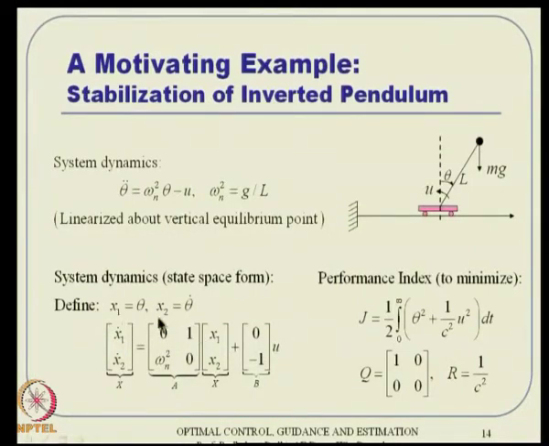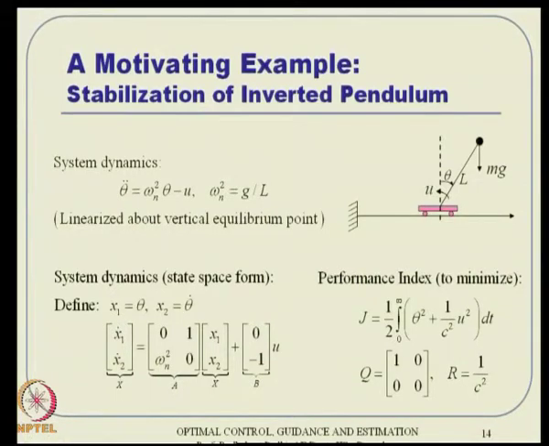So x1 dot is x2, whereas x2 dot is theta double dot, which is nothing but that. So x2 dot is omega n square into x1 coming from here, plus 0 times x2, but minus 1 times u. That is how we get these A, B matrices, and these are constant matrices.